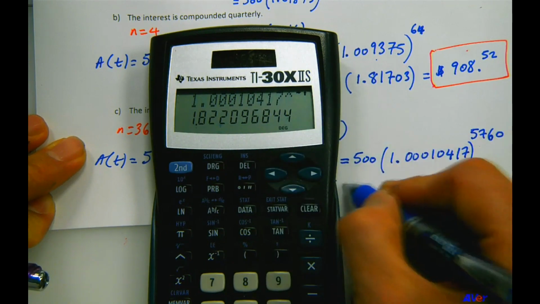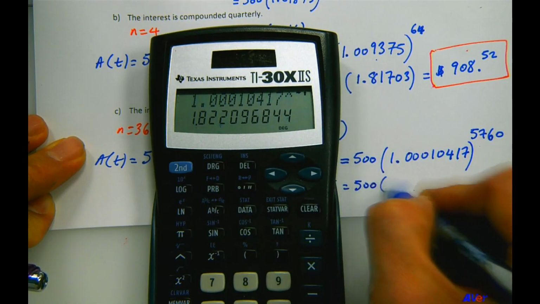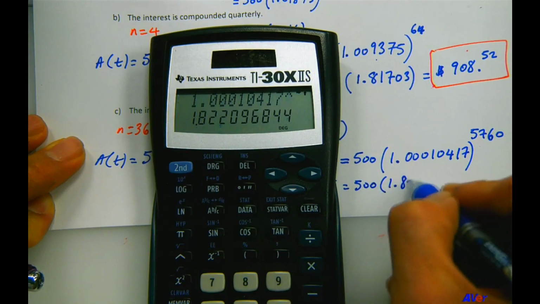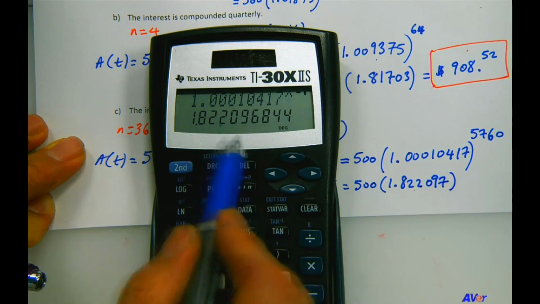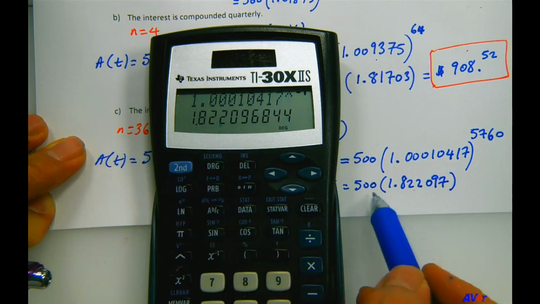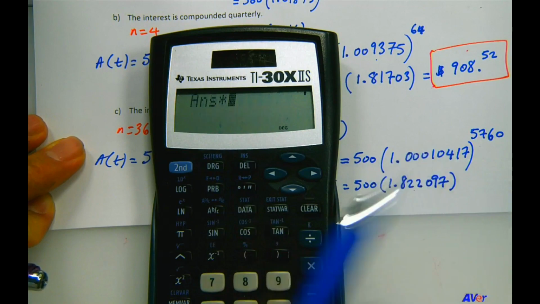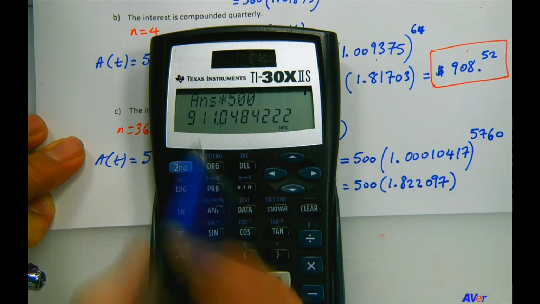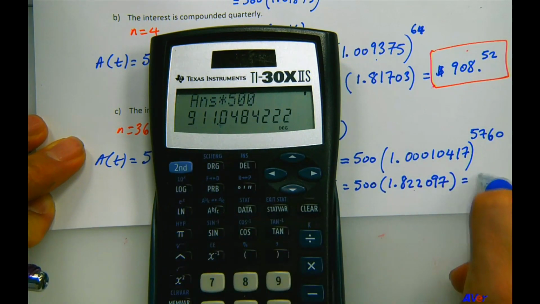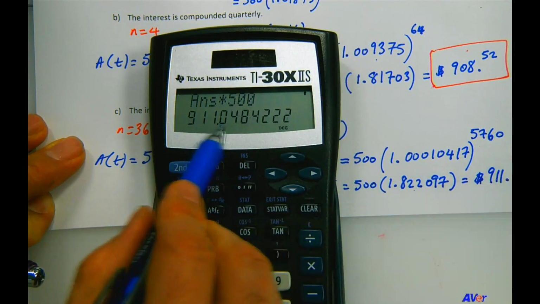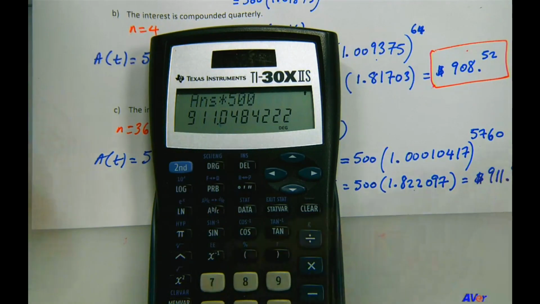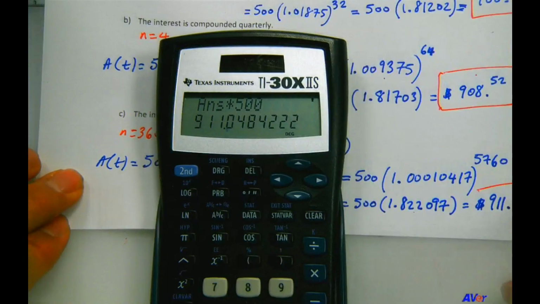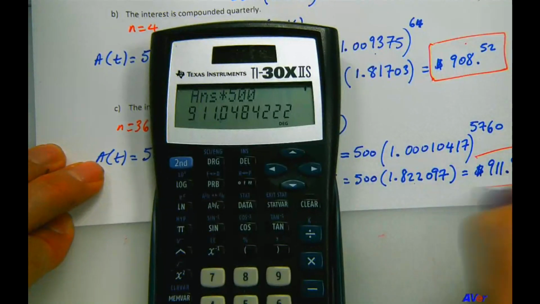So we have 500 times 1.822097, and of course I haven't erased this, so I'm going to multiply it back by 500. So we have $911, and let's round this to 5 cents. 5 cents. Okay. Like that.